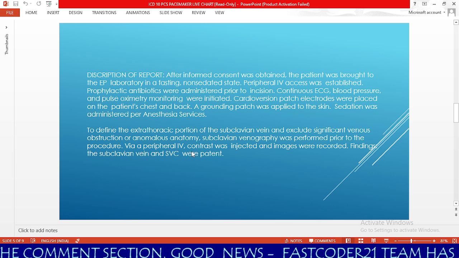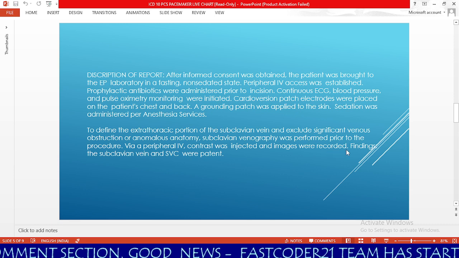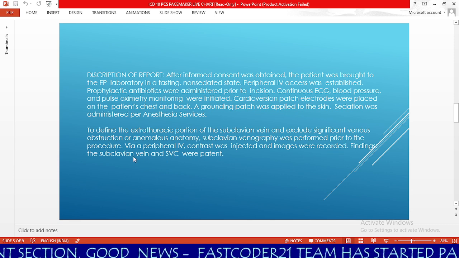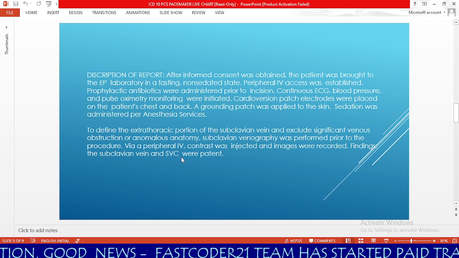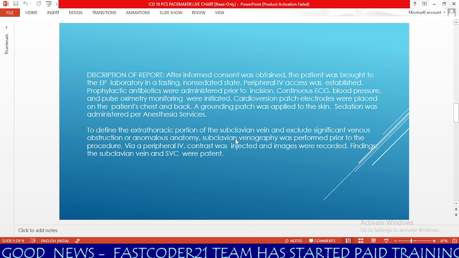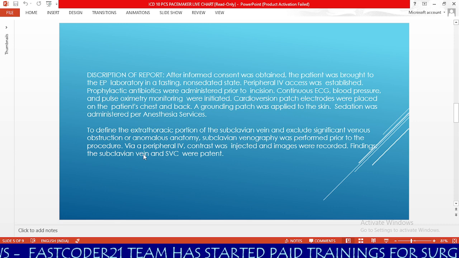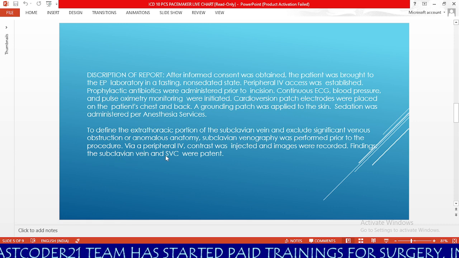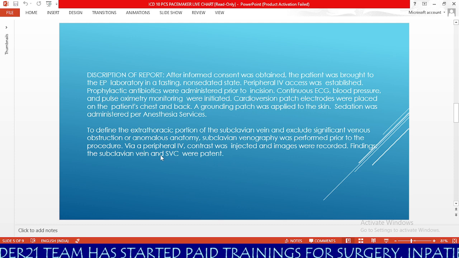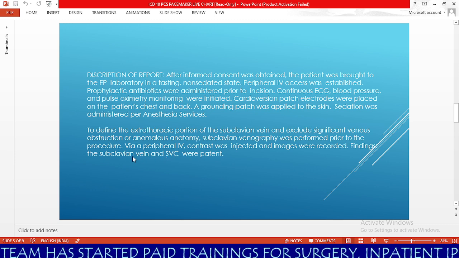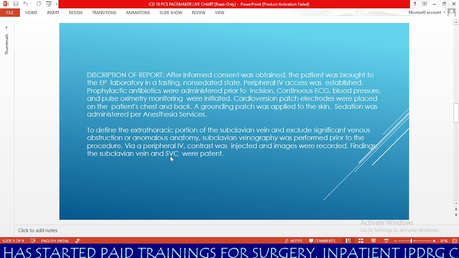Via peripheral IV, contrast was injected and images were recorded. Findings: the subclavian vein and superior vena cava were patent. Patent means there is no obstruction in the subclavian vein as well as the superior vena cava.